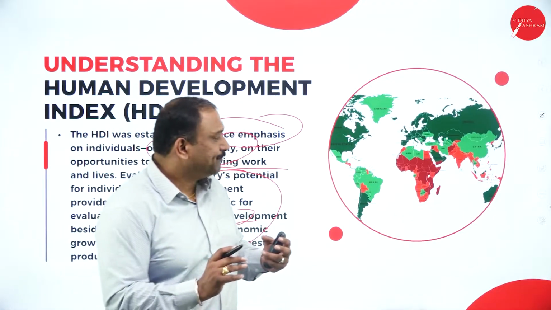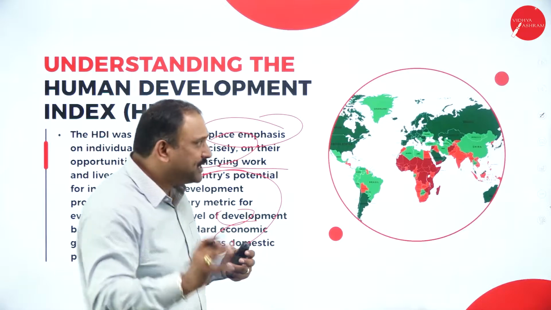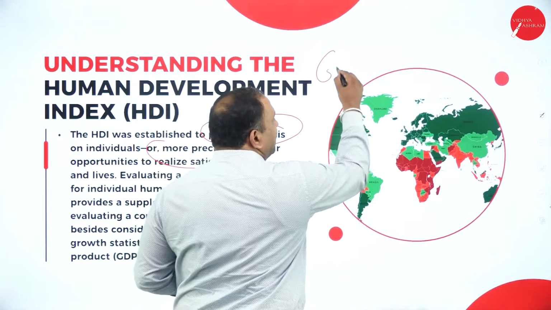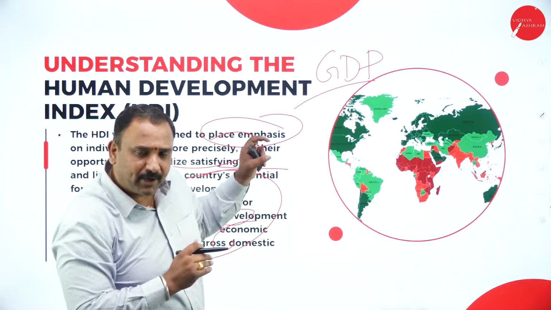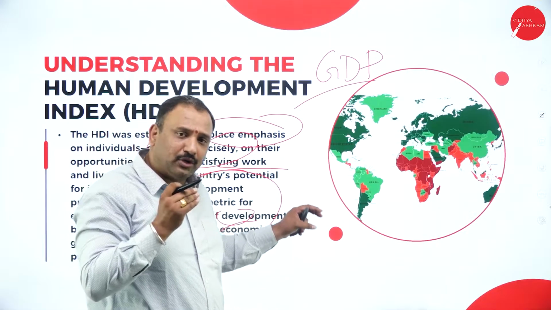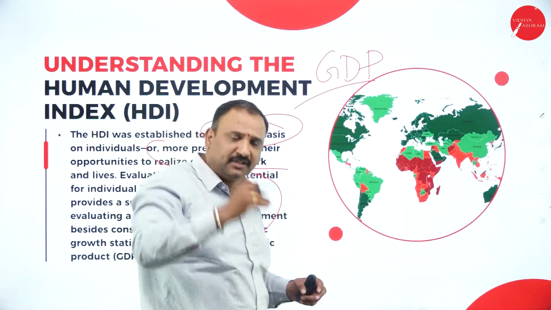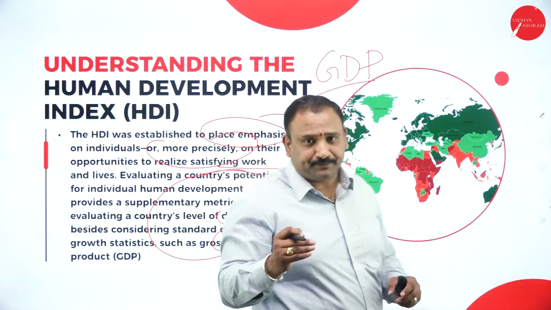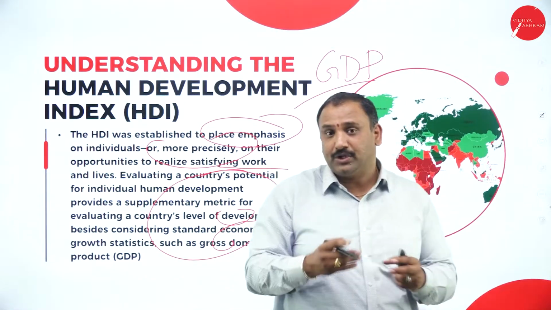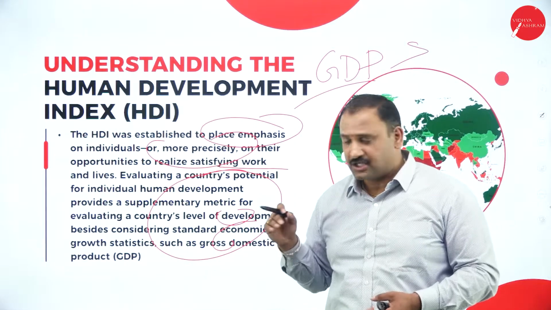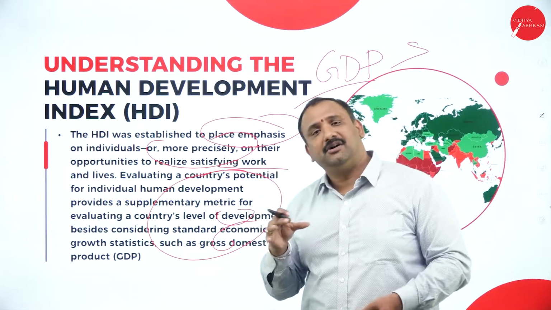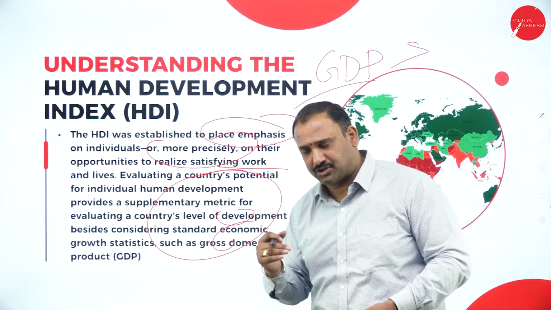So on one side, what we were measuring was only the GDP and the income factor. Now, we are not just concerned about this. We are also trying to fit in several other ratios apart from GDP, which tell us about the growth factors. So this is definitely quite a challenging aspect.